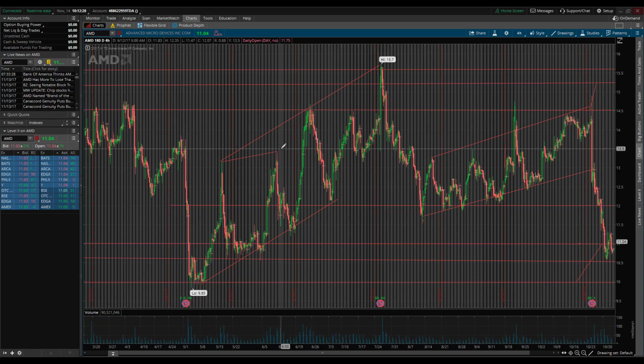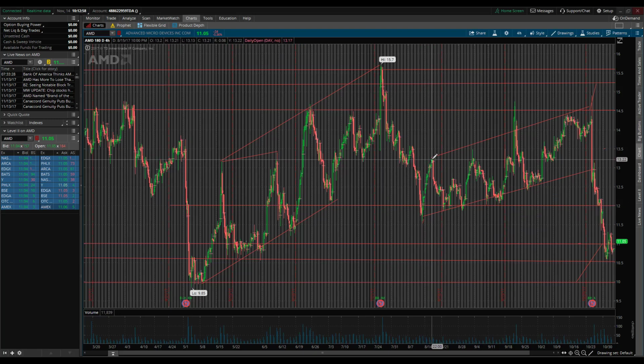So right here, for instance, 12 is a pretty good solid floor, even though it broke, but right now it's going to become the ceiling. 12 is going to become the ceiling, and then if it breaks, that's good. But 12, for instance, right here, once it got to around 12, as you could tell, people started buying.